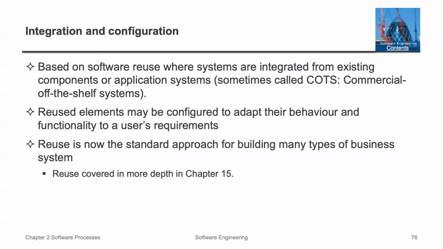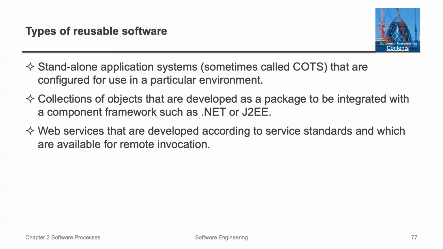Reused elements may be configured to adapt their behavior and functionality to a user's requirement. Reuse is now the standard approach for building many types of business systems, and we'll be talking about this in more detail in chapter 15. So you're aggregating things together from already existing applications or units that have been demonstrated and have been proven.